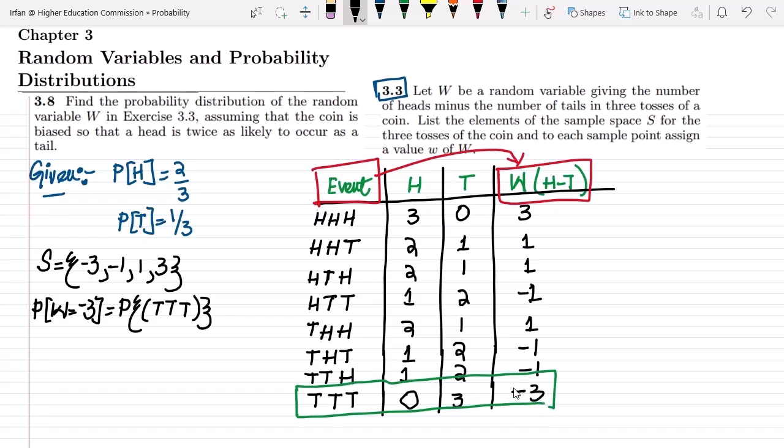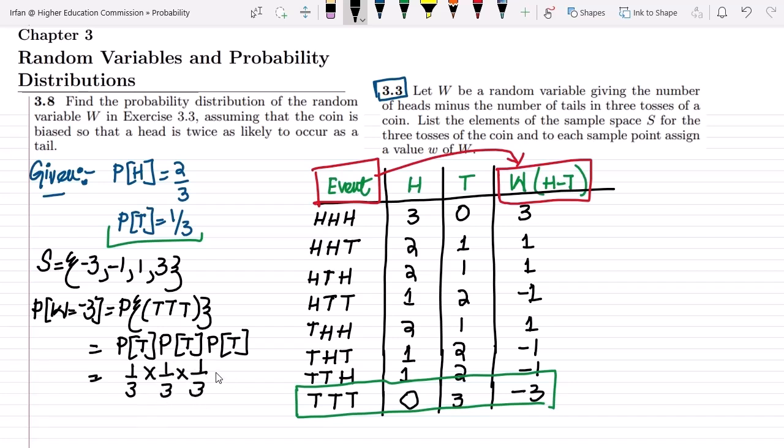There is only one item here. As the 3 tosses are independent of each other, I can write the probability of t multiplied by the probability of t multiplied by the probability of t as well. I know the probability of t, so I write 1/3 multiplied by 1/3 multiplied by 1/3, so it would be 1/27. So this is for w equal to -3, the first event.